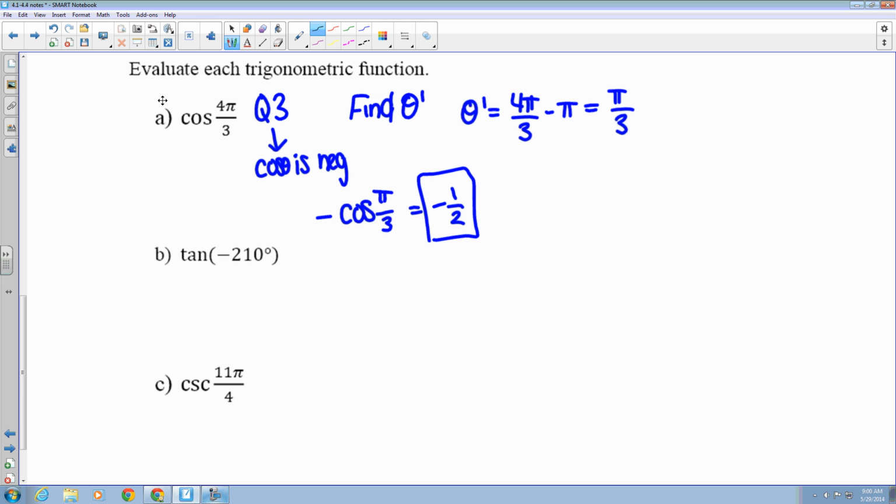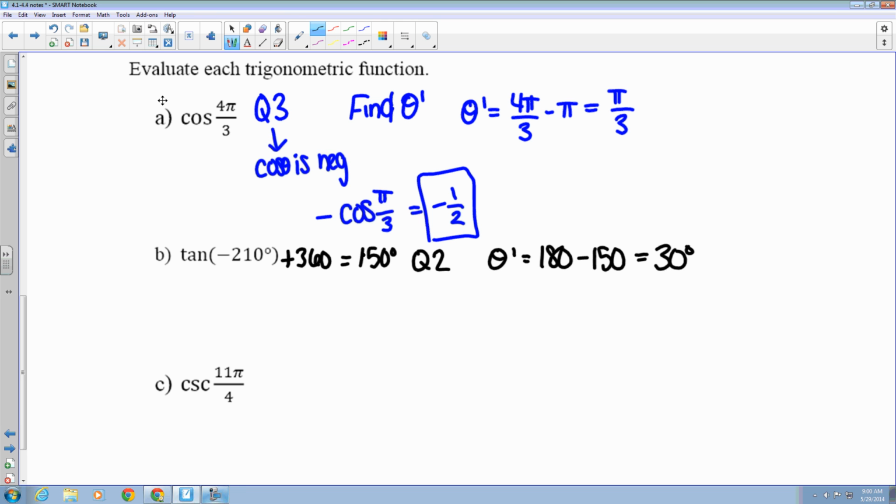Tangent of 210. Since we need to find the reference angle eventually here, we need to figure out the coterminal angle first so I know which quadrant I'm in. Add 360, and my coterminal angle is 150, which is in quadrant 2. So theta prime is 180 minus 150, which is 30 degrees.